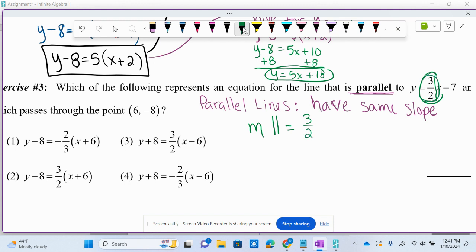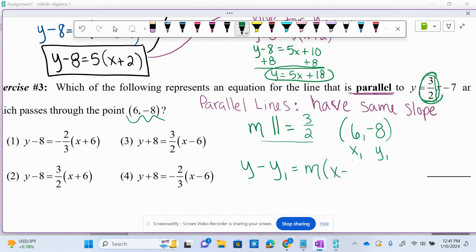And it has to pass through the point 6, negative 8. We're going to label that ordered pair x sub 1 and y sub 1 and plug both the slope and the ordered pair into y minus y sub 1 equals m times x minus x sub 1. That's your point slope formula.